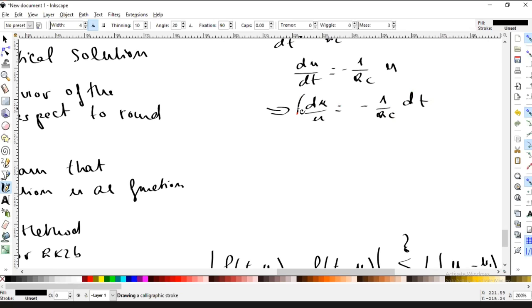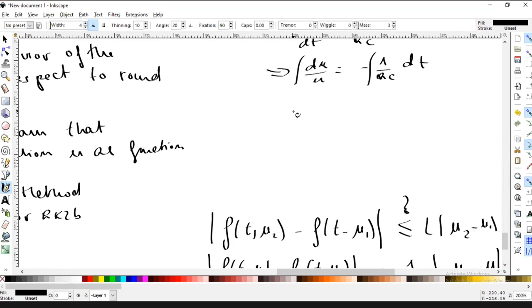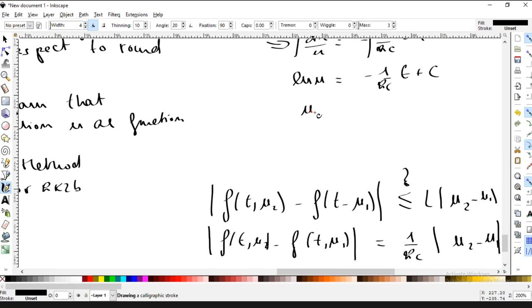When you integrate this, you get that log of u is minus 1 over RC t plus some constant, and then when you take the exponential, you get u equals the exponential of minus 1 over RC t times the exponential of the constant. The exponential of the constant is another constant, so we call it k. Okay, k exponential minus 1 over RC t.